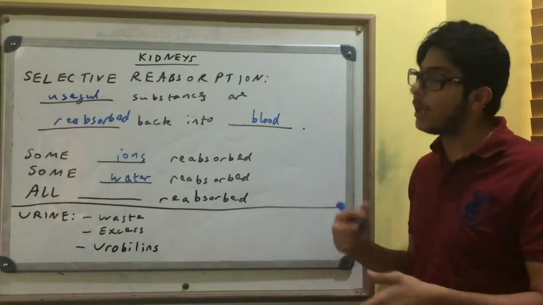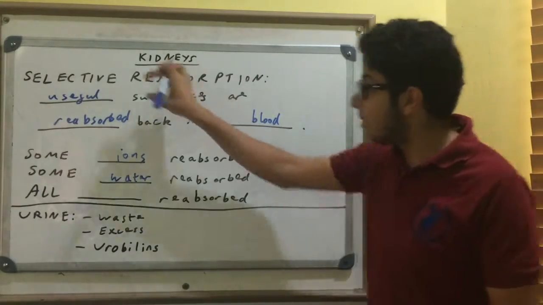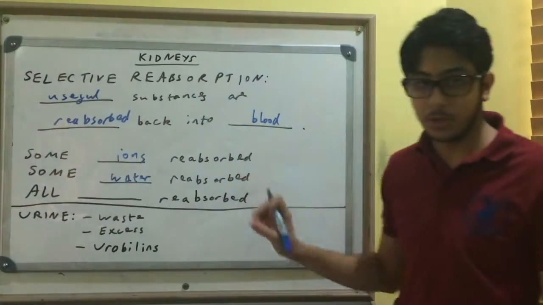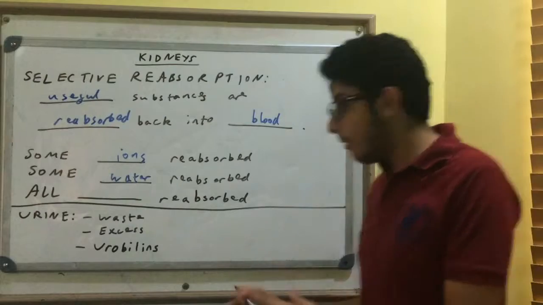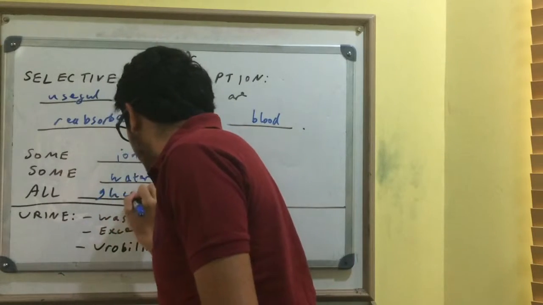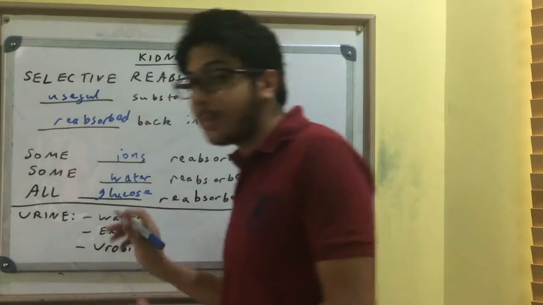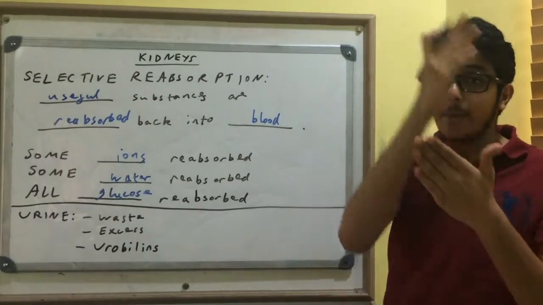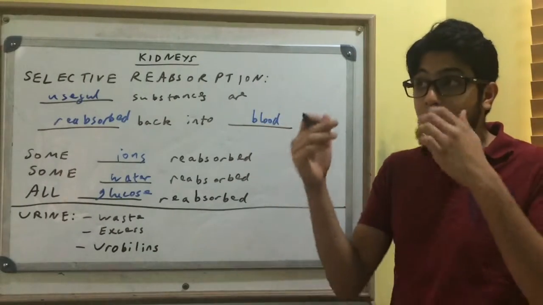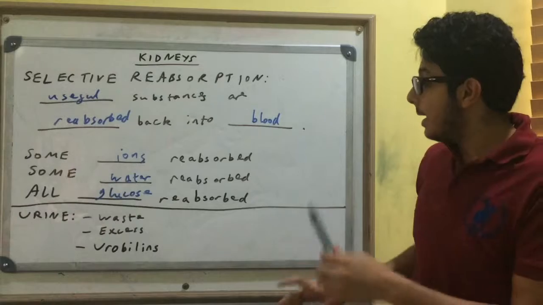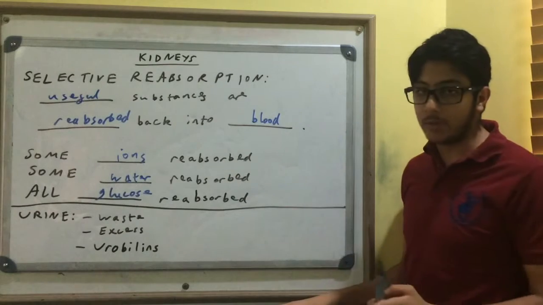So it's a varying amount, and that's why it's called selective reabsorption. However, all of your glucose that has passed from the blood to the kidney by diffusion, like we talked about just before, is reabsorbed back into the blood. All of it.